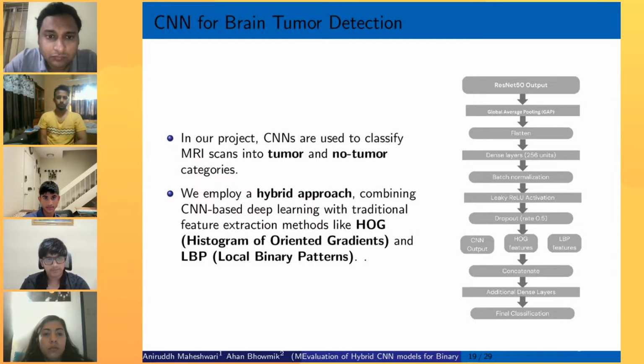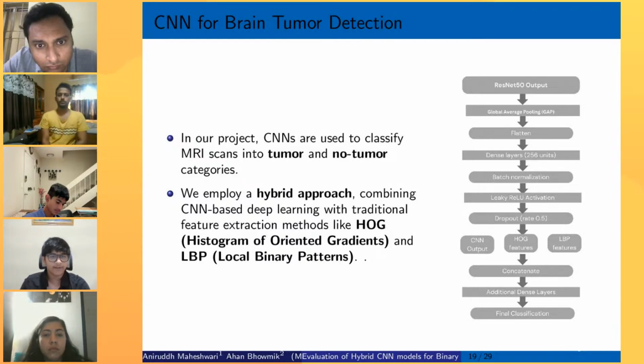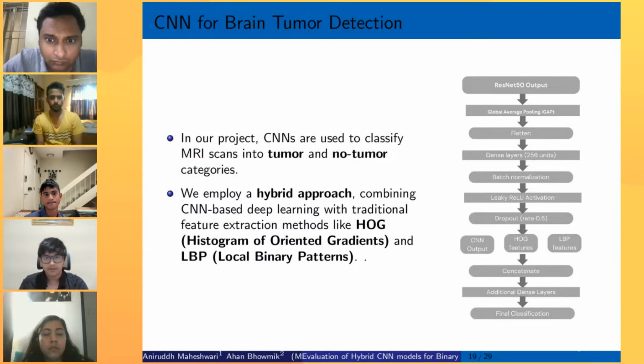For each of those images, we find the feature descriptors using histogram of gradients and local binary patterns, as well as use a simple CNN for the task. After we have found three different feature maps, one from histogram of gradients, one from local binary patterns, and one from the CNN, we combine them into one feature vector.